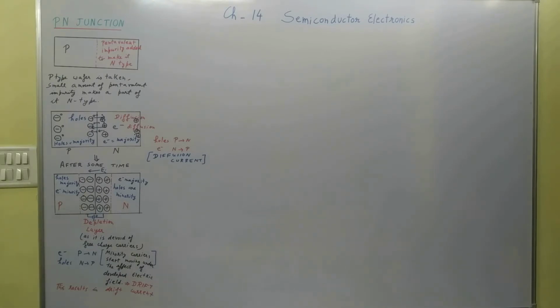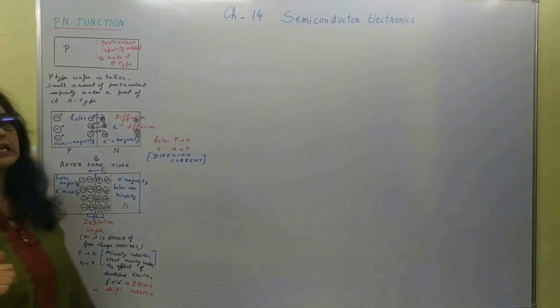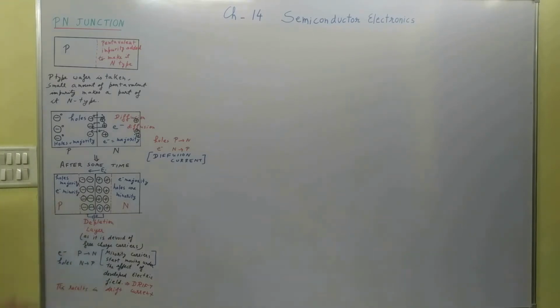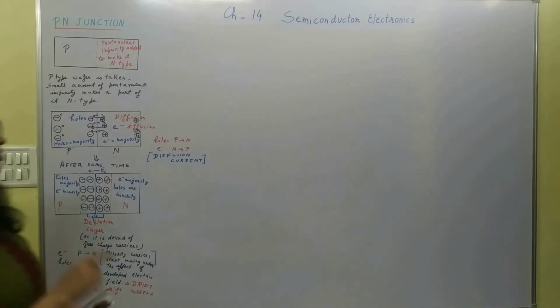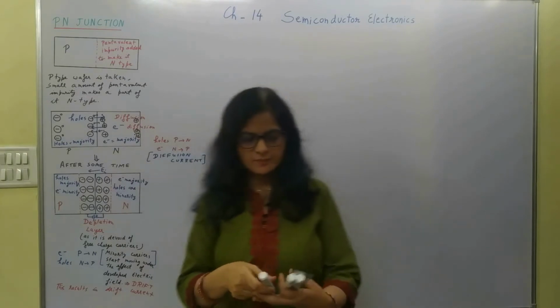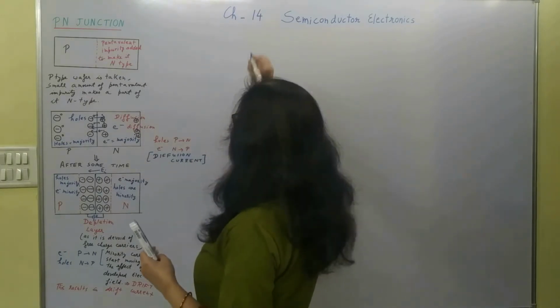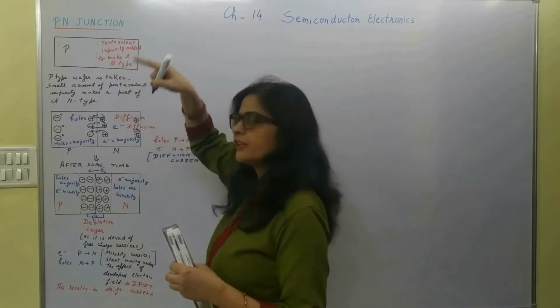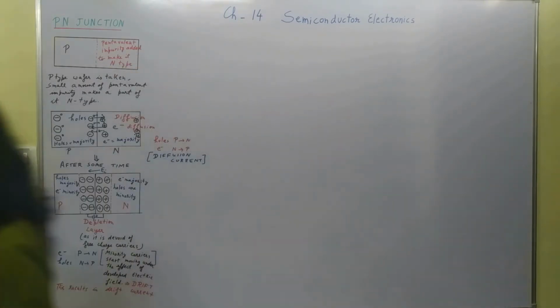Now the question is asked in the boards, which two processes are responsible for the formation of PN junction? So the answer in short is, I have drawn so many diagrams here just to explain what is happening actually, right? So in short, we can mention it that the processes responsible for the formation of PN junction are diffusion and drift.